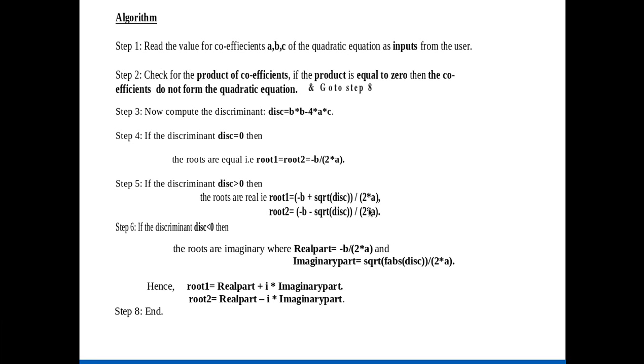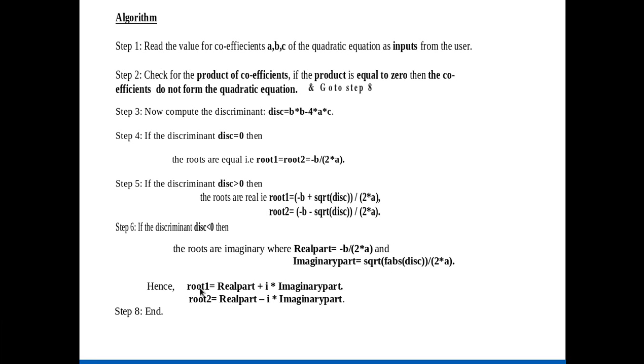If this is also not the case, that is, in step 4 the discriminant is not 0 and in step 5 the discriminant is not greater than 0, then obviously the discriminant is less than 0, negative. In that case the roots are imaginary, or complex numbers, where the real part is computed as minus b divided by 2a, and the imaginary part is the square root of the absolute value of the discriminant divided by 2a.